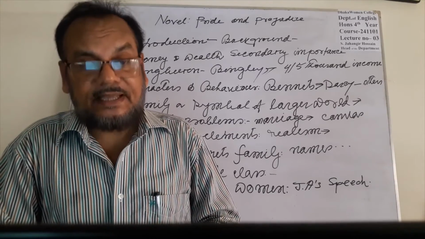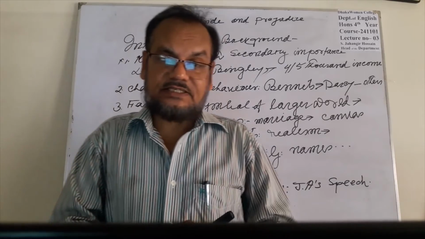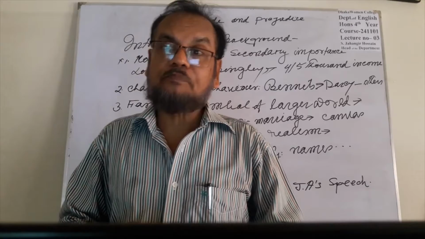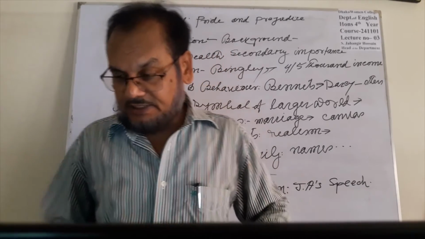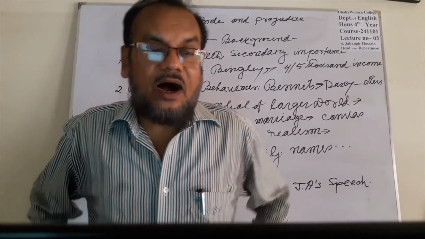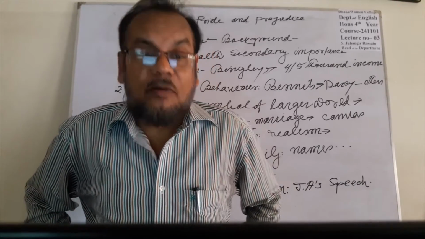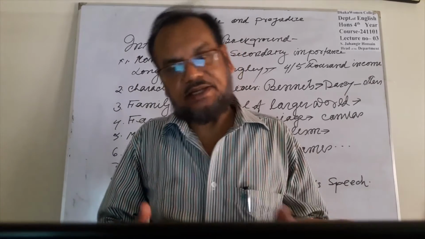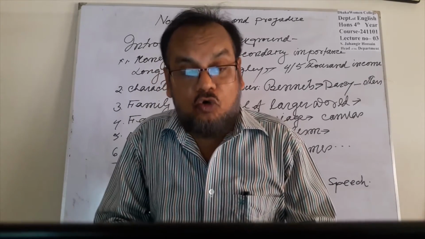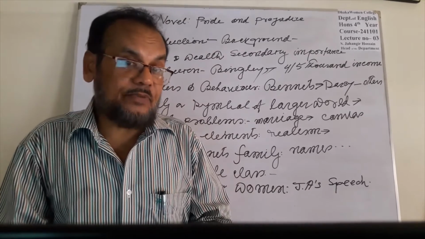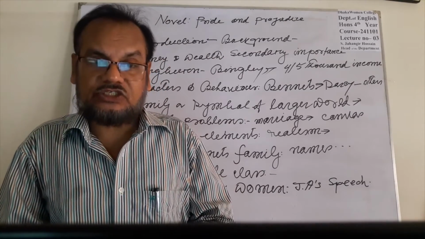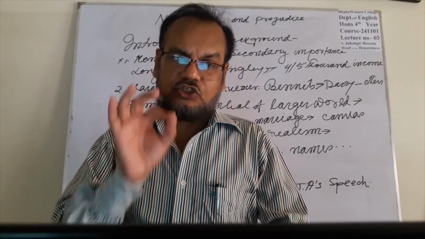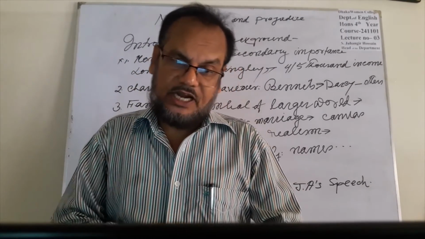Here we say Jane Austen's Pride and Prejudice is a successful novel of the 18th century, and Jane Austen is really a prominent and pioneer novelist of the 18th century who tried to show the real picture through the characters of English people of that time and the society of English of that time.